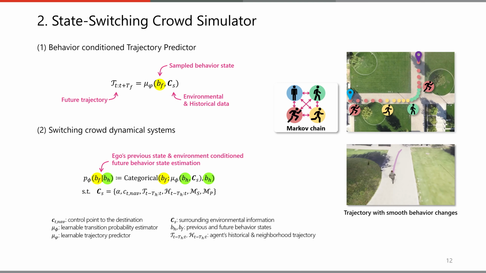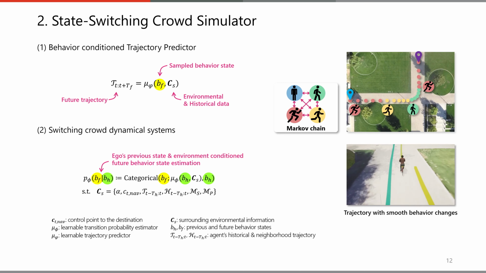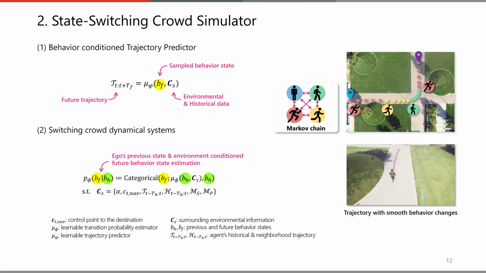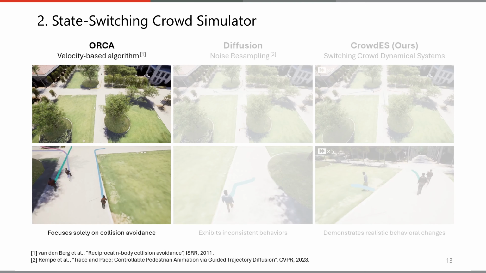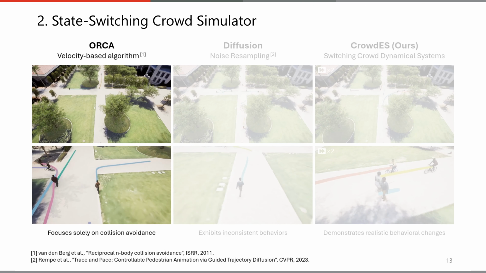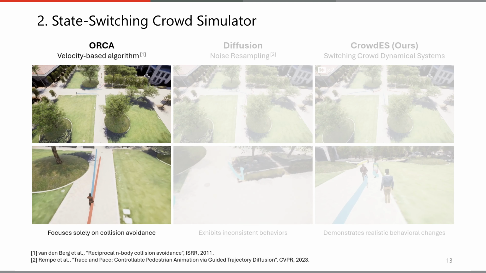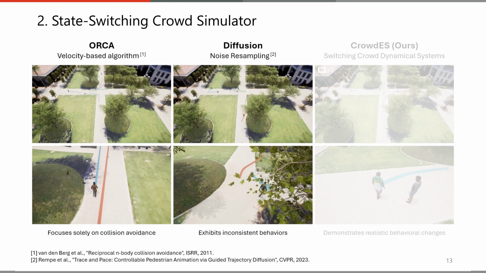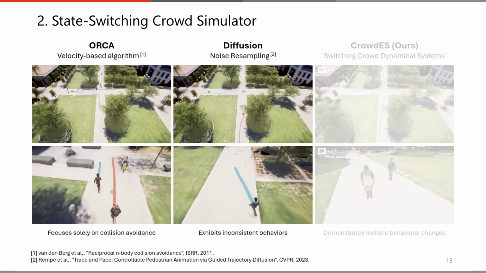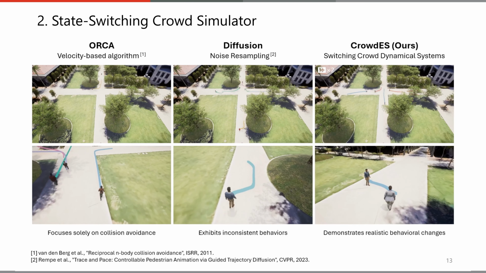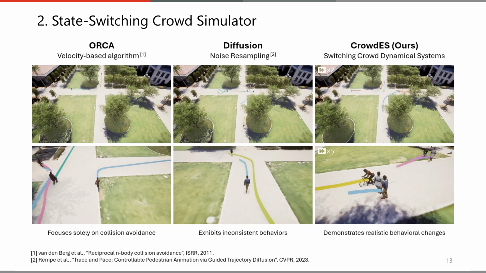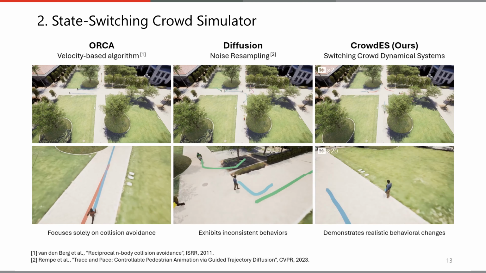This enables the trajectory predictor to simulate realistic locomotion with natural behavior changes such as slowing down, turning left, and then accelerating again. This approach is very effective at generating realistic trajectories. Compared to the algorithm-based simple shortest path and diffusion-based noisy and unnatural movements, CrowdES generates continuous and natural actions with smooth behavior transitions over time.